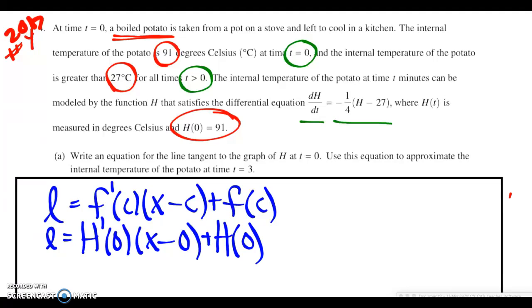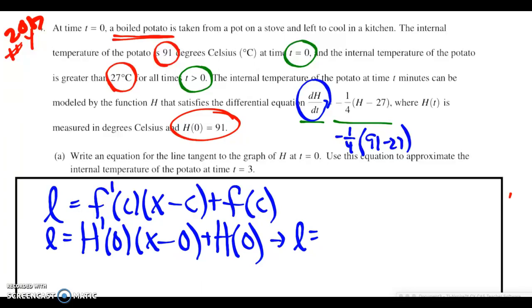Okay, so we're going to find it at 0. So my line is going to be L is equal to h prime of 0. h prime is dh/dt at time 0. So that would be equal to negative 1/4 times whatever the temperature is at time 0, which is 91, minus 27.